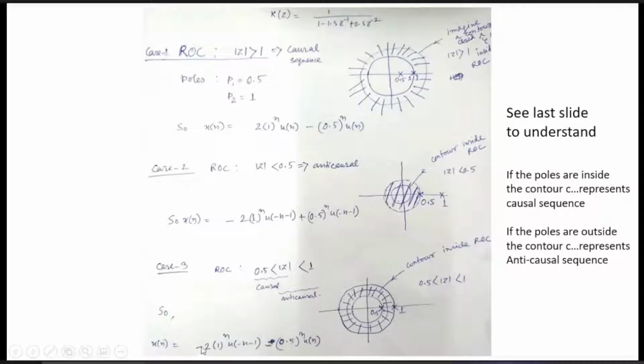So it becomes minus 2 times 1 to the power n u[minus n minus 1]. And the other pole, 0.5, lies within that contour, so it represents a causal sequence. So it is simply alpha to the power n u[n], or 0.5 to the power n u[n]. I have written that on the right side.